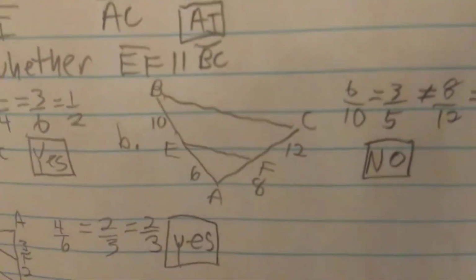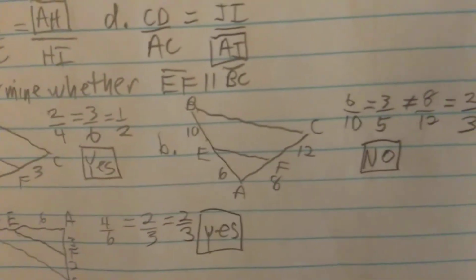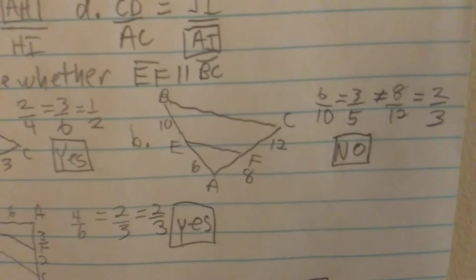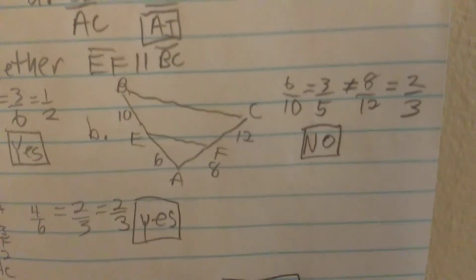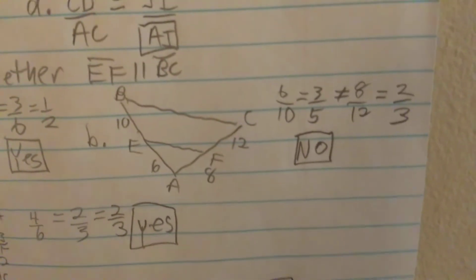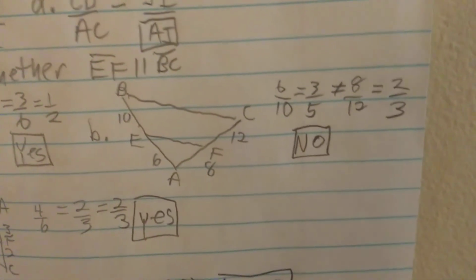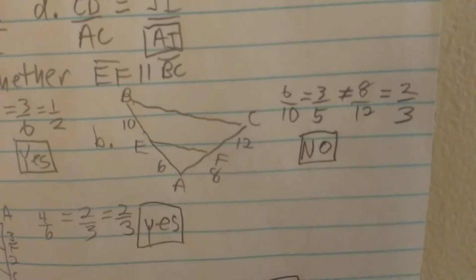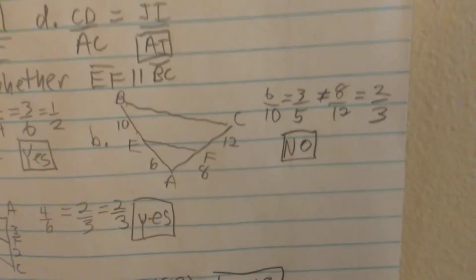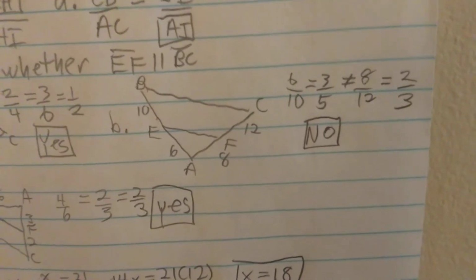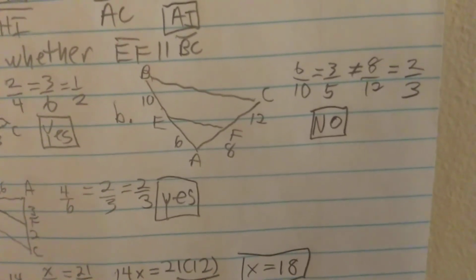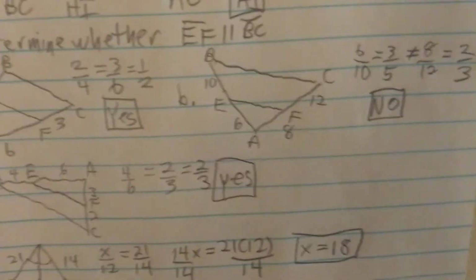On part B, we have 6 over 10, EA over EB, is equal to 3/5 simplified, and we're checking now AF over FC, 8 over 12, but that divided by 4 over 4 is 2/3, so those two pairs of sides are not in proportion, so this is not going to be parallel lines.